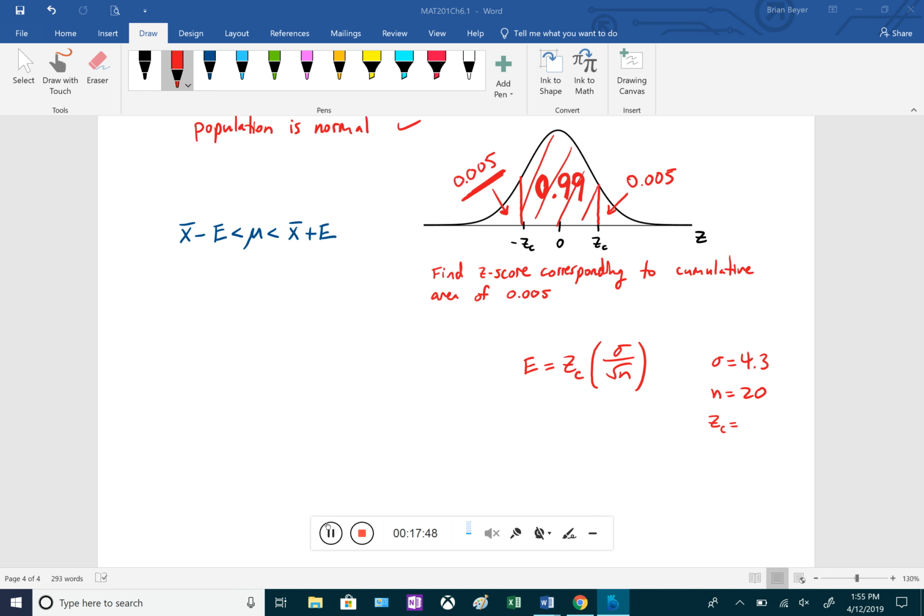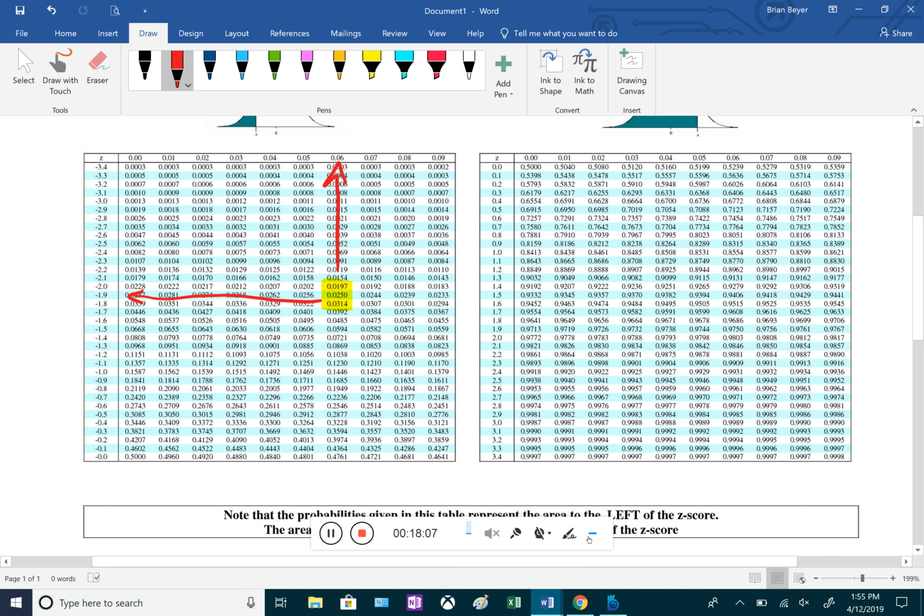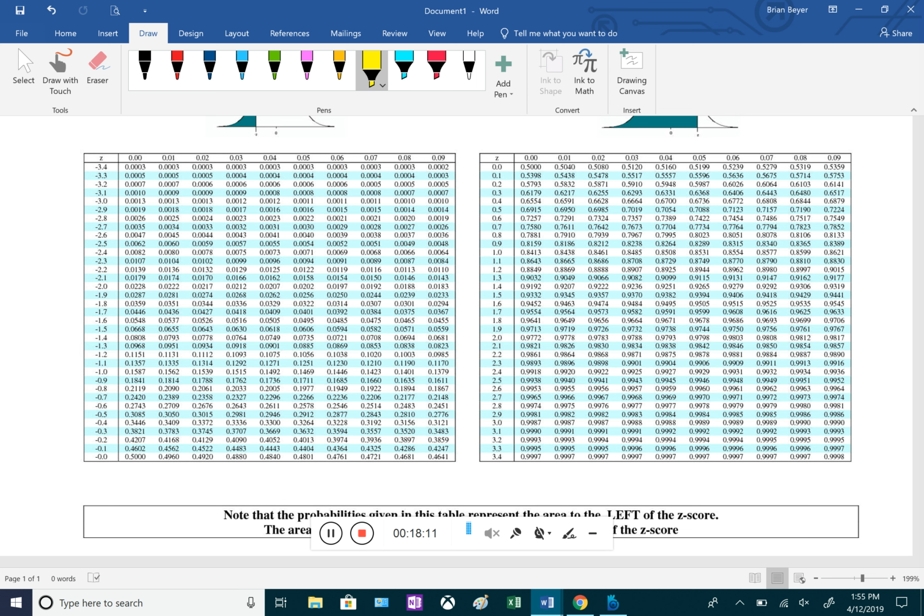We have to remember that when we find this value in the table, it's going to be negative, and we're just going to use the positive version of it. So looking for this value in the table, 0.005 is going to be about right here.